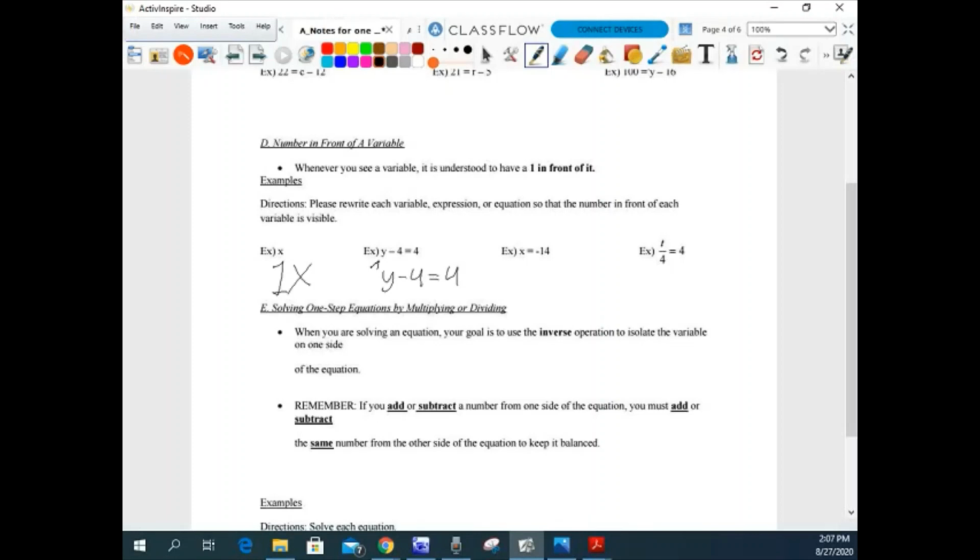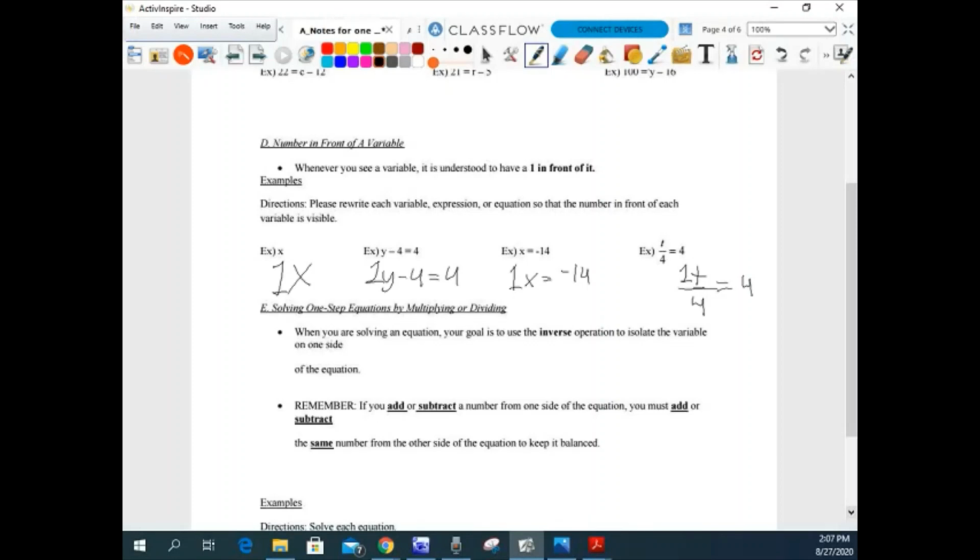I can put a 1 in front of that. Same thing over here. 1, x. I need to rewrite that. 1, x is equal to negative 14. And then I have t over 4 equals 4. I can put a 1 in front of that t. Okay? It's that simple, okay? All you need to do if you're ever confused about that, put a 1.